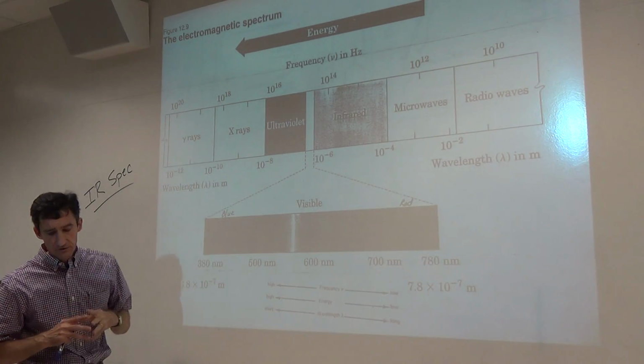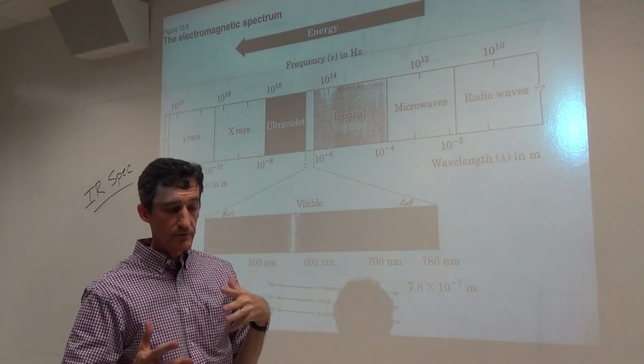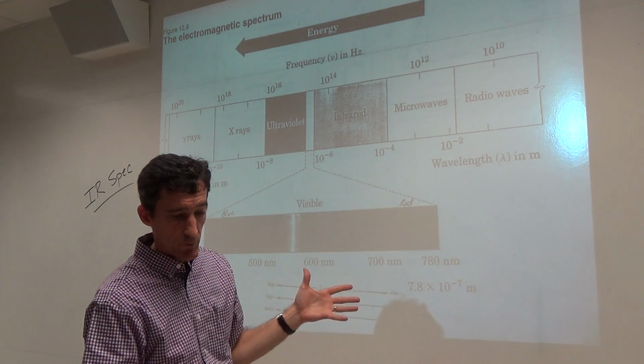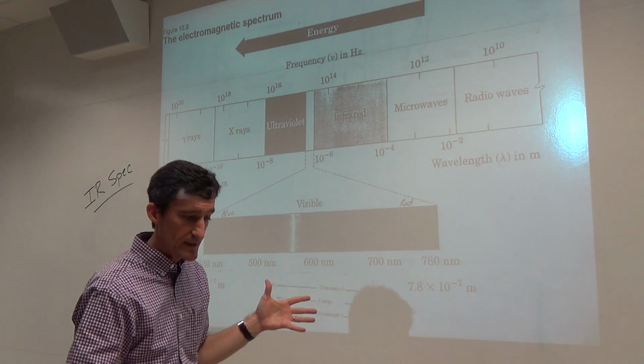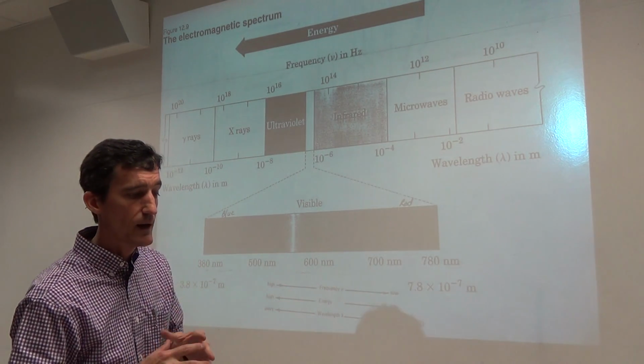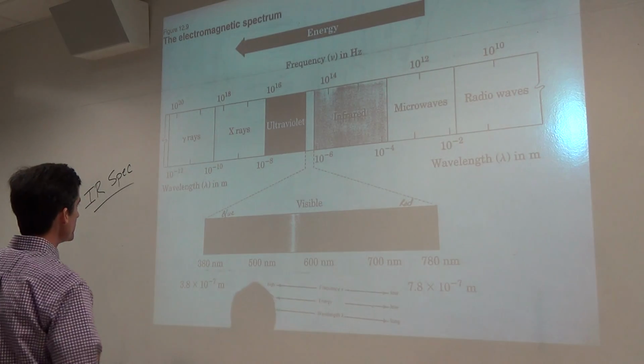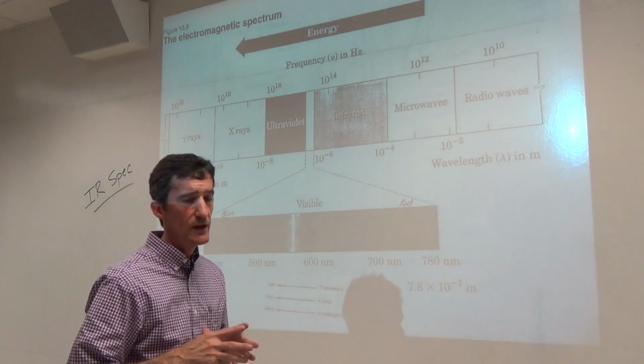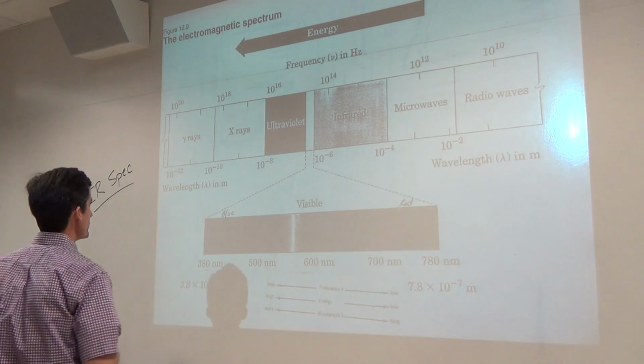There is such a thing as gamma ray spectroscopy, plotting the types of radiation given off from radioactive elements. But at the introductory organic level, you're not going to see anything with gamma rays.